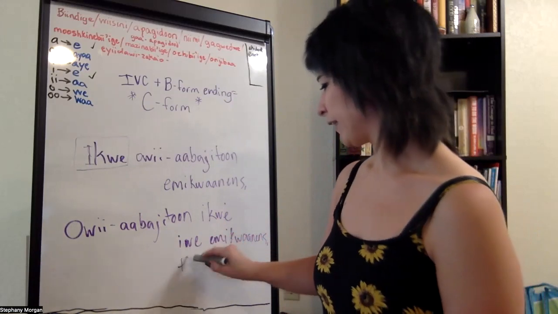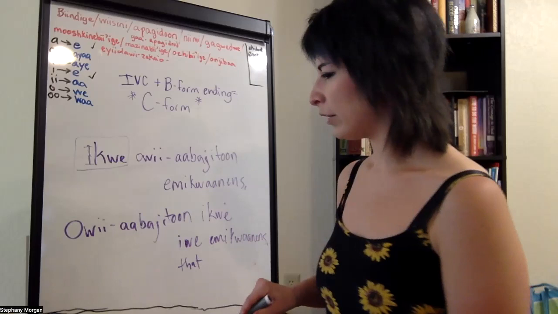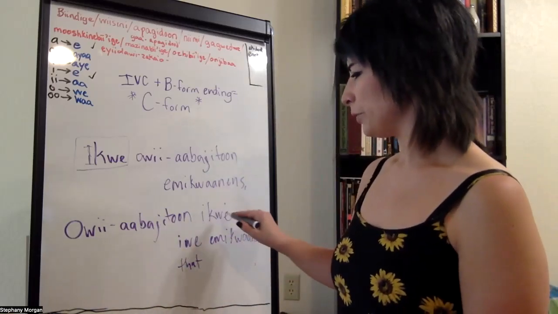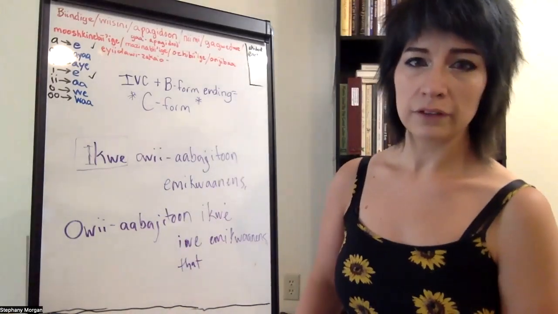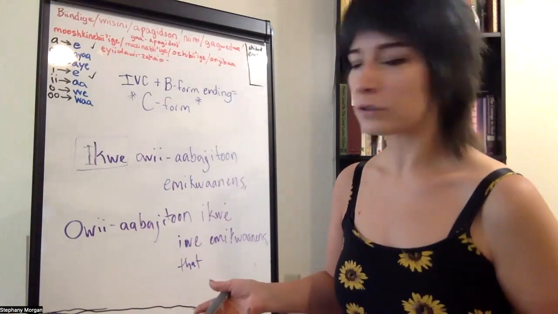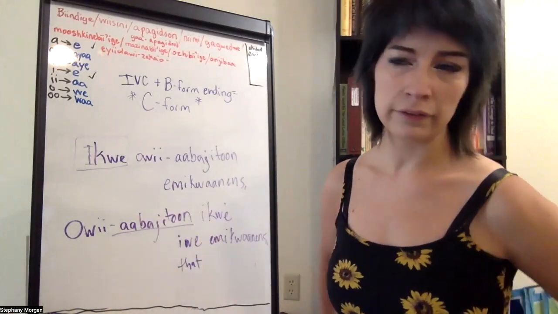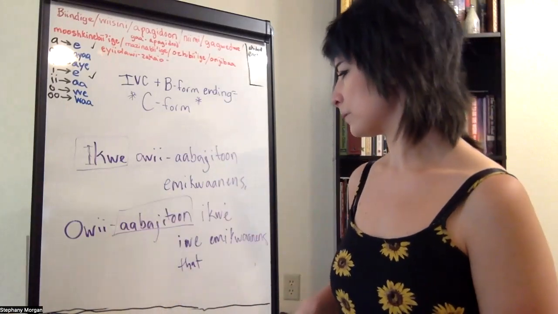So, she wants to use it, that spoon. The woman, she wants to use it, the woman wants to use that spoon. It means the same thing in English, but in Ojibwe, it's emphasizing she wants to use it. She doesn't want to throw it. She doesn't want to wash it. She wants to use it because this is the word that comes first.